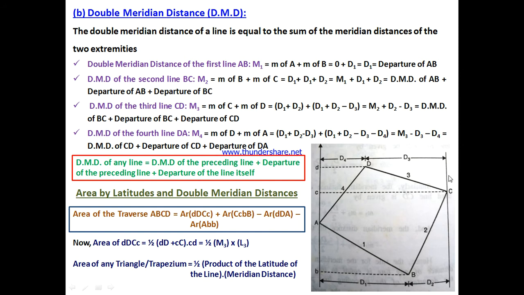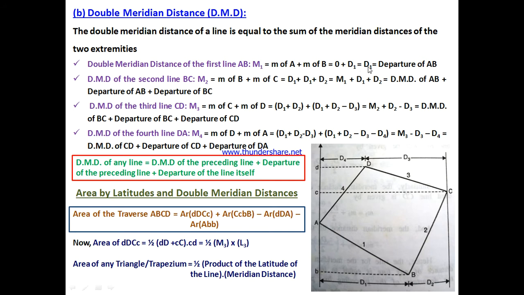Now for the second line BC, the double meridian distance of line BC will be equal to the meridian distance of B plus the meridian distance of C, that is, the sum of the meridian distances of the two extremities, which are B and C in this case. The meridian distance for B will be equal to D1, as we already calculated in the first step.